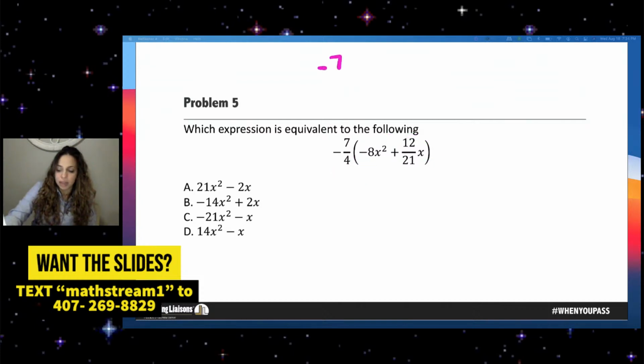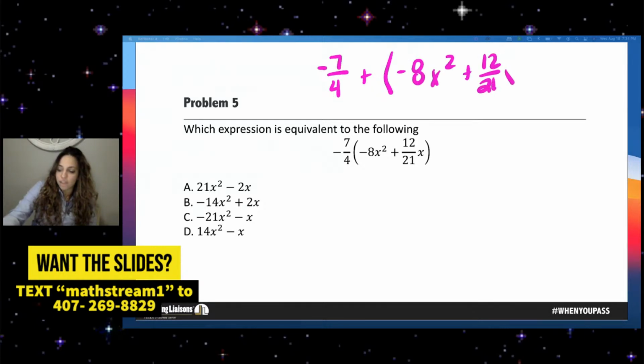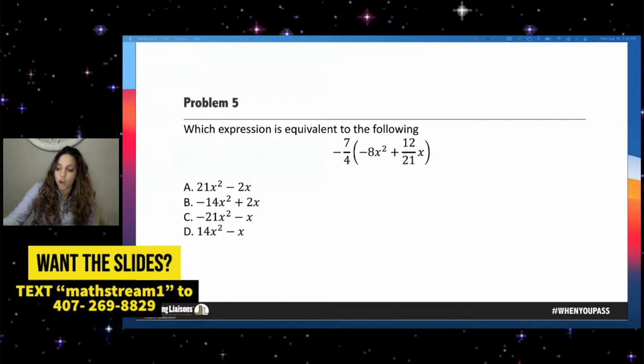So if it said something like this, then I would not distribute the 7/4 all the way through because it's being added. But because it's being multiplied, I am going to go ahead and distribute it all the way through.